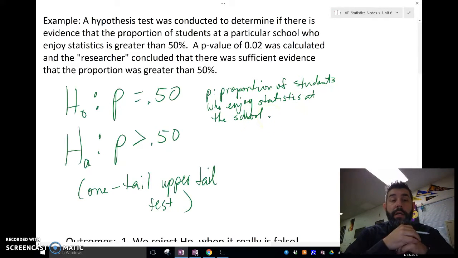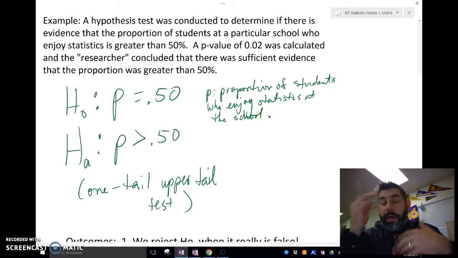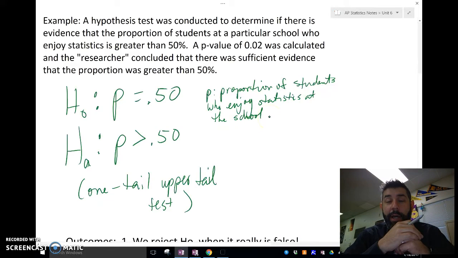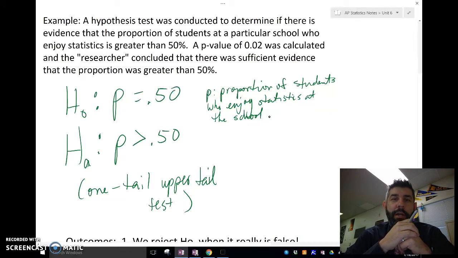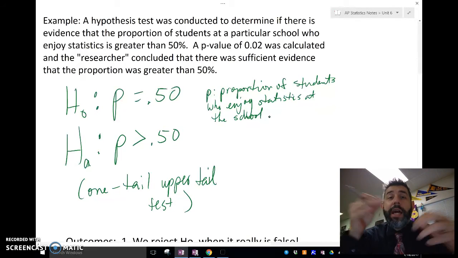And I do my test and get my p-value. Now remember that I'm taking a sample of the population and trying to decide what the whole population is doing, given the evidence in my sample.